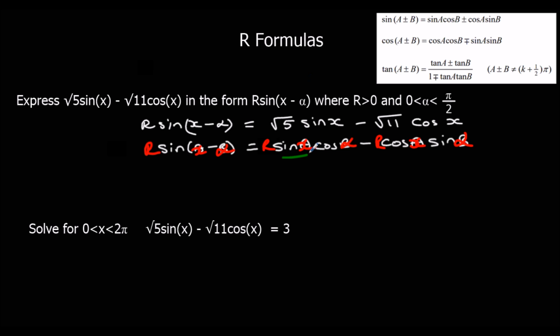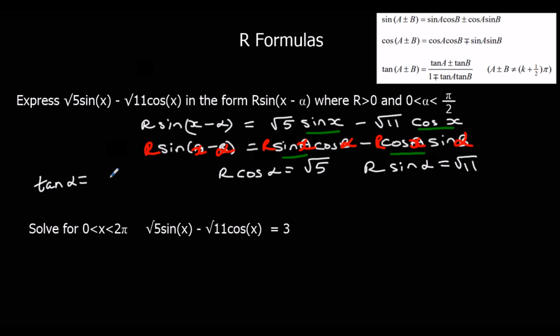So comparing the top and the bottom, we get R cos alpha is √5 and R sine alpha is √11. So to find alpha, we do sine over cos. So tan alpha is √11 over √5.